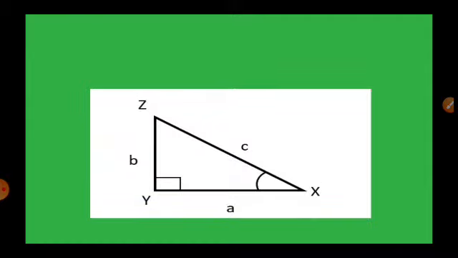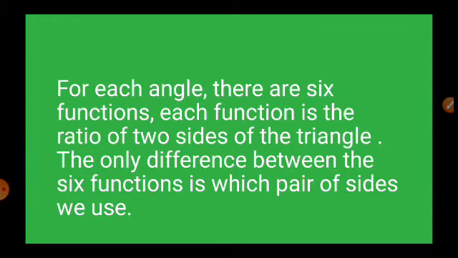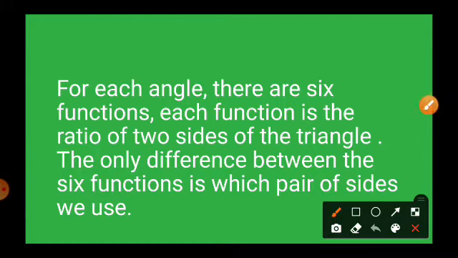This picture of a triangle can be a tool to express the relationship of these three functions in trigonometry. For each angle, there are six functions, and each function is the ratio of two sides of the triangle. The only difference between the six functions is which pair of sides we use.